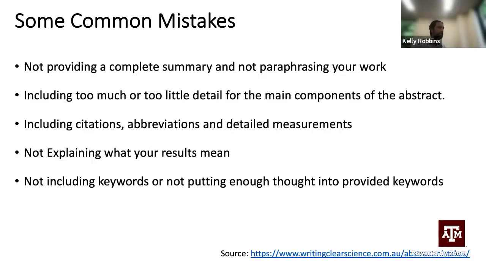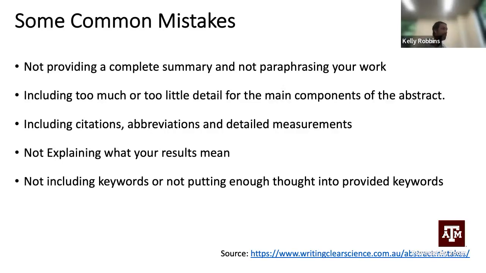Again, the purpose of the abstract is really just to inform the reader what is in this paper, so they can make a judgment call of whether or not they're going to invest the time in actually reading the paper, or coming to your poster, coming to your presentation.